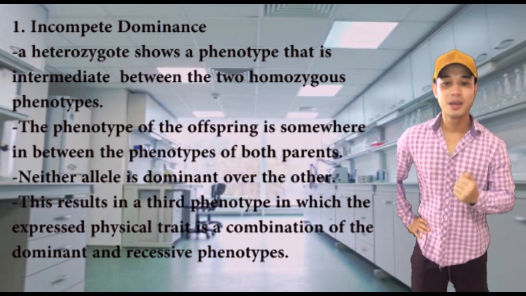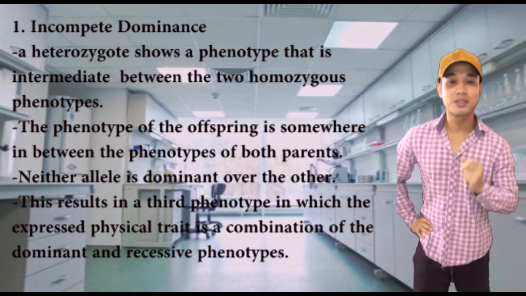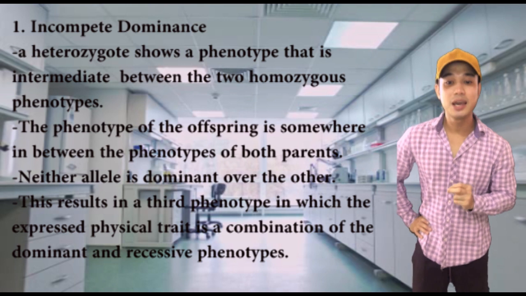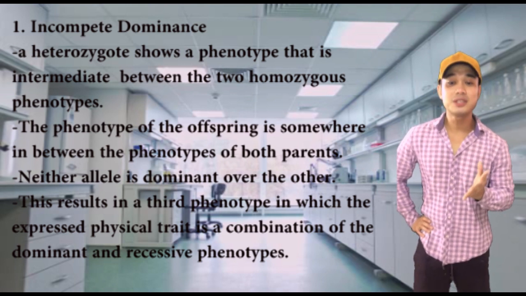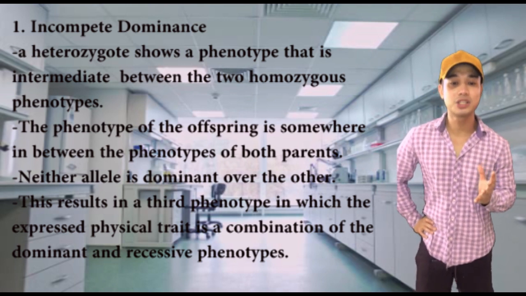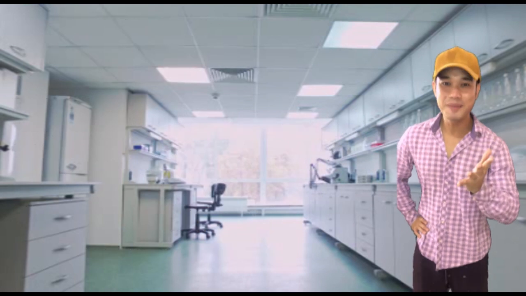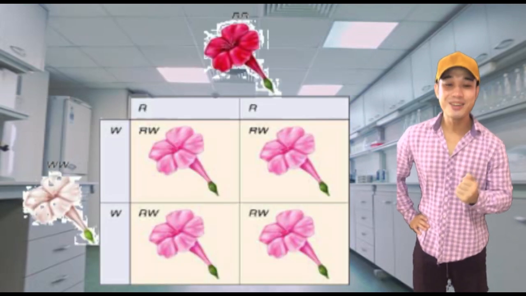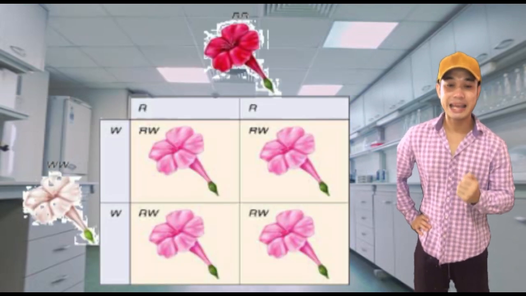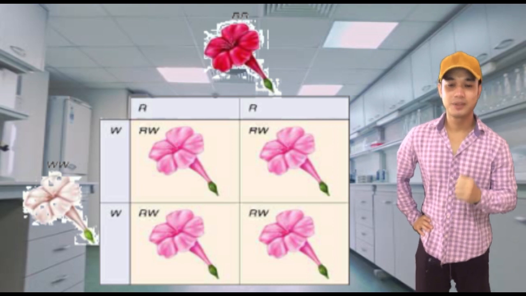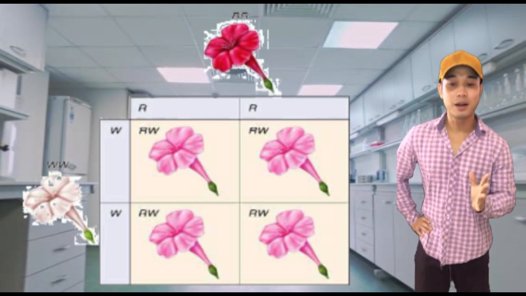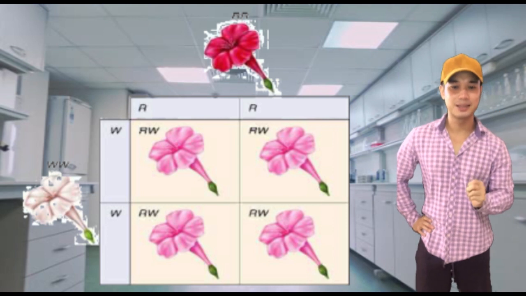This results in a third phenotype in which the expressed physical trait is a combination of the dominant and recessive phenotypes. To help you understand more, here is an example of an incomplete dominance. A flower color in 4 o'clock plant.